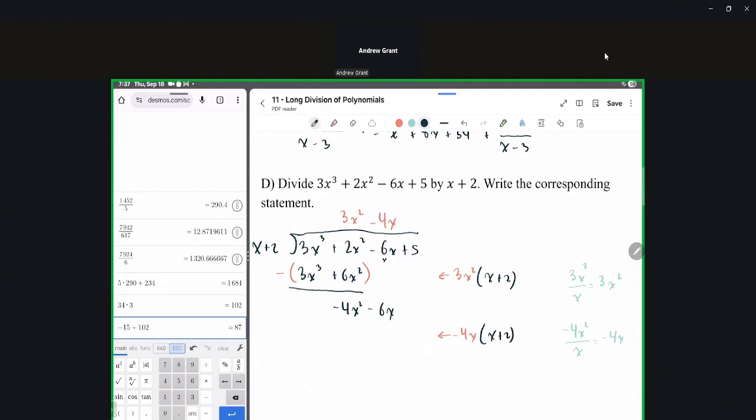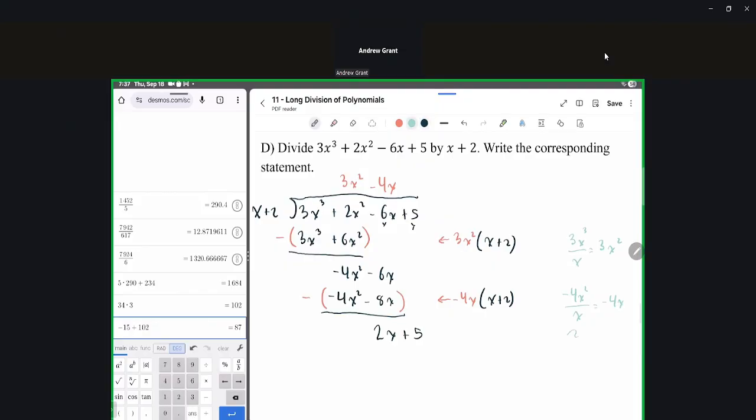So negative 4x times x is negative 4x squared by design. Negative 4x times 2 is negative 8x. So we're going to subtract these off. So negative 4 minus negative 4 is 0. Negative 6 minus negative 8 is going to give us a positive 2x. And we're going to bring down this plus 5.